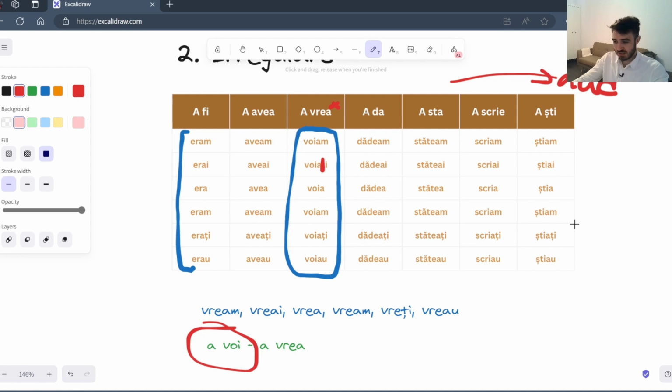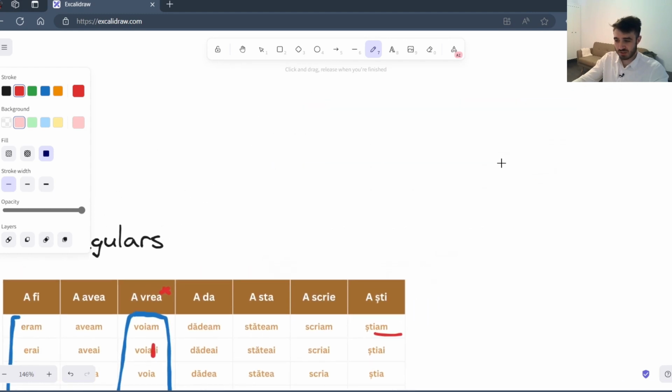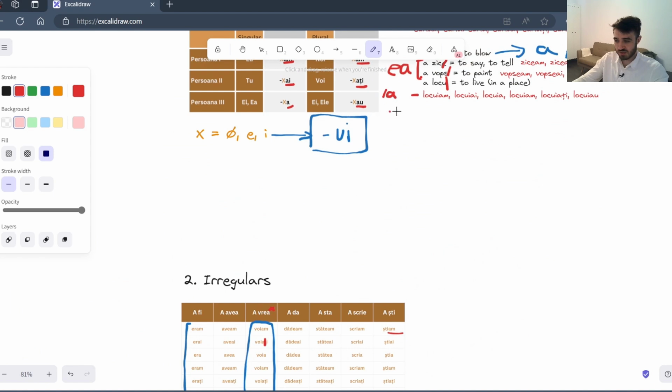And then you put the ending, right? Quite strange. A sta is very similar. Stă, stăt, actually. Stăteam, right? And then you put the ending. Scrie and știi, știam. So this is following the pattern from those verbs with UI, sorry.